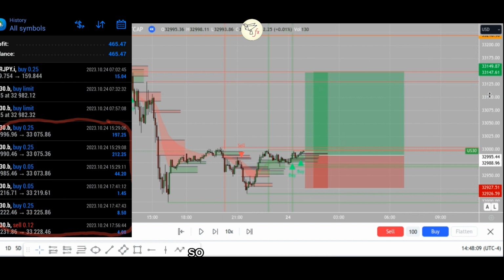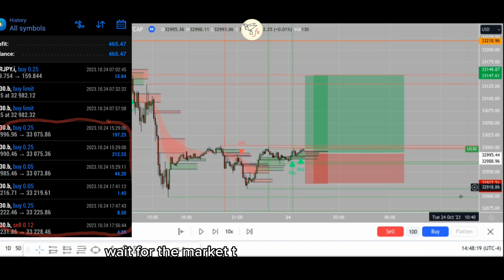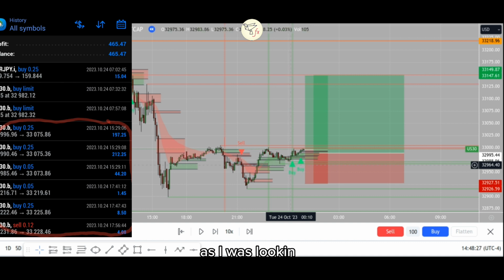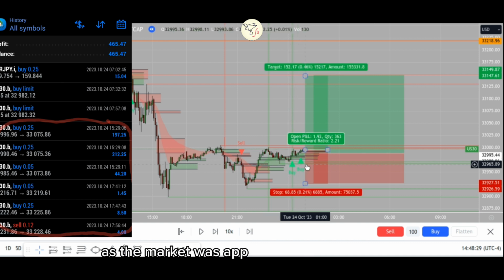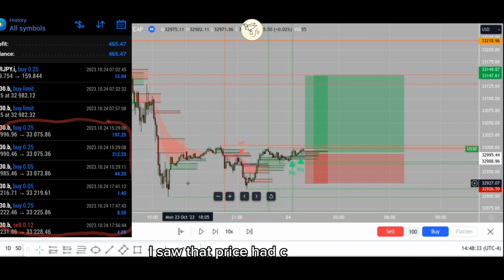All right, so with that in mind, using our trading system, this is what you will be looking for. You'll wait for the market to provide you with a bias or a momentum, a direction for the market, right? So as I was looking, as the market was approaching last night, I saw that price had come down.